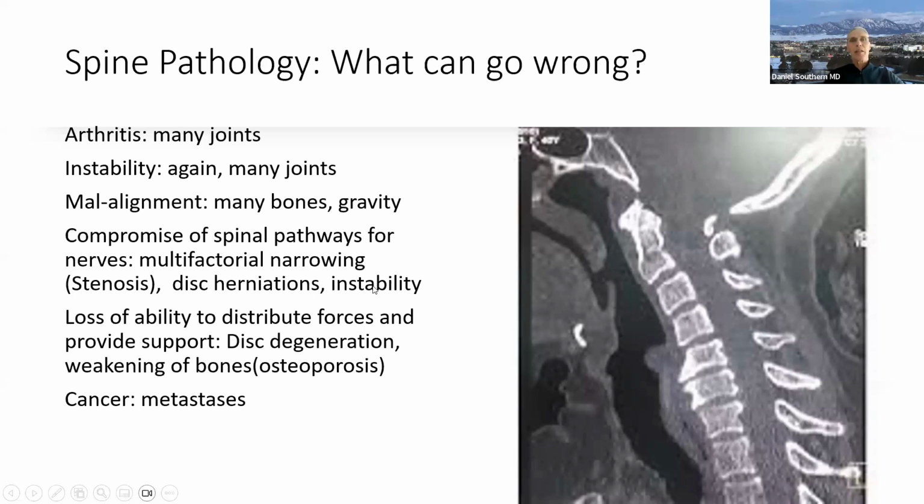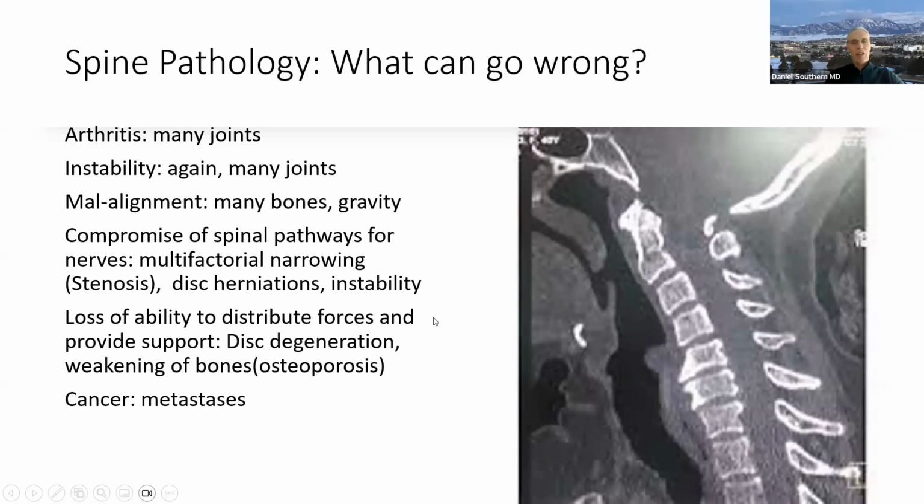And of course, instability. If the bones aren't locked down, if the ligaments are lax or the spine muscles are weak, the bones can move too much in relation to each other and also compromise spinal pathways, resulting in nerve pain. There can also be loss of ability to distribute forces and provide support.